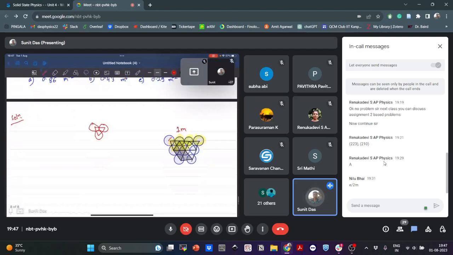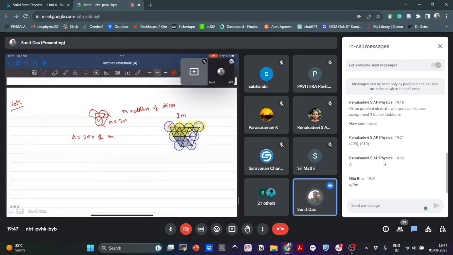And what will be the side of that equilateral triangle? The side will be a equal to 2r, right, where r is the radius. So the side is equal to 2r, equal to 2 meter for these equilateral triangles.